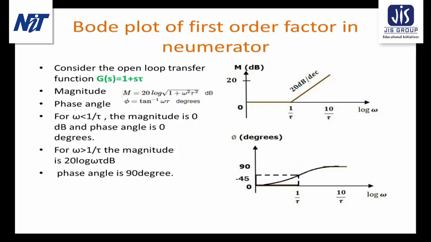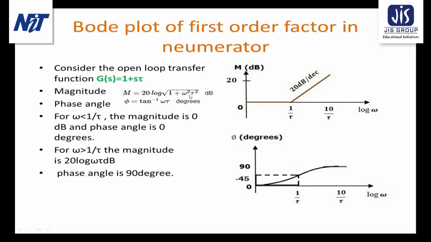Then when ωτ is greater than 1, the 1 will be negligible. When ωτ is equal to 1, that means ω is equal to 1 by τ, the magnitude will be 0 dB, because the formula becomes 20 log only ωτ, since the other portion has been considered negligible.